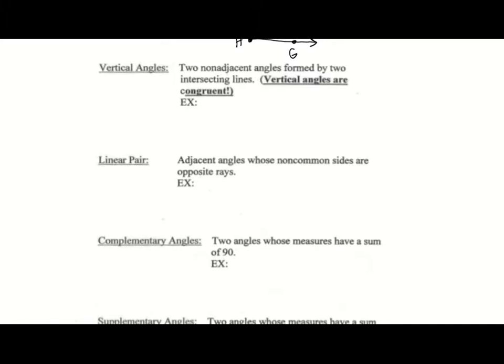Okay, then we also have a linear pair. A linear pair are adjacent angles whose non-common sides are opposite rays. That means we are going to have two angles that are adjacent to each other on a straight line.